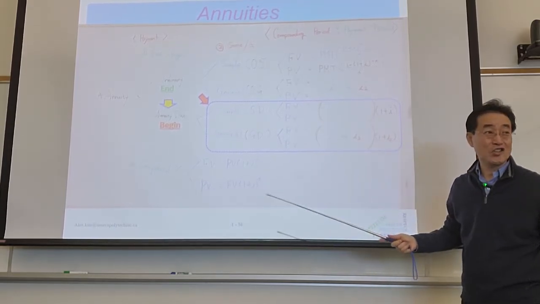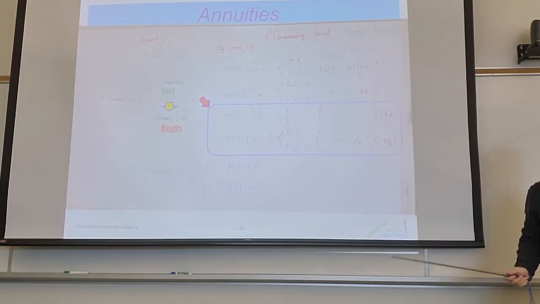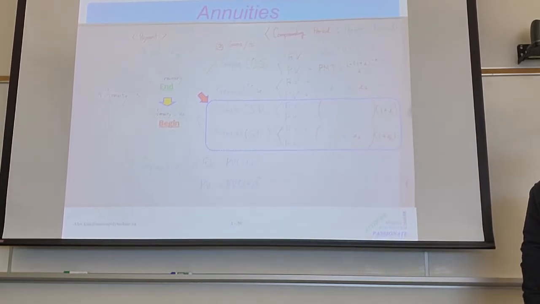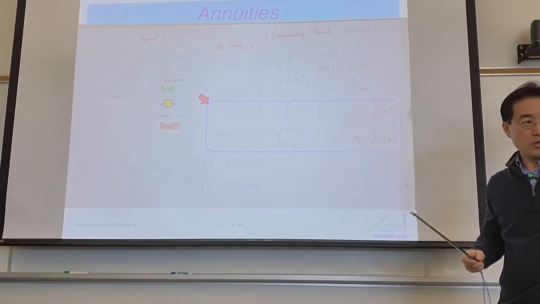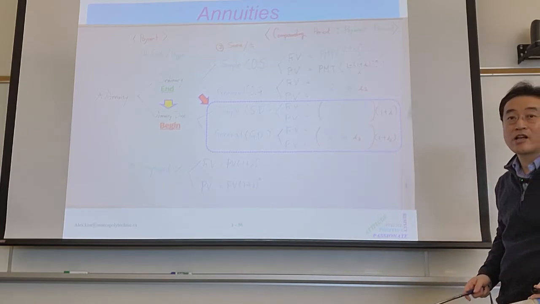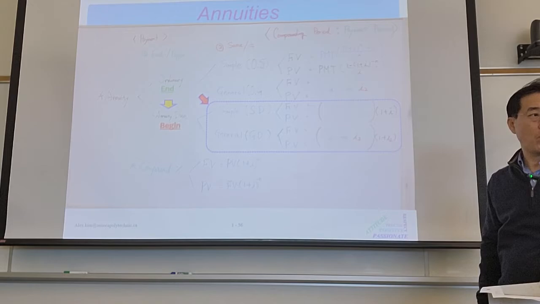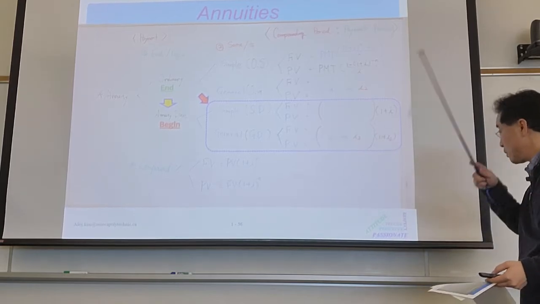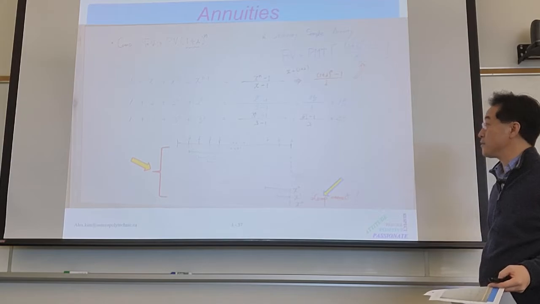If it's due, we shift one month earlier, so we need to put the interest factor at the end of this formula. Once you have this, you don't need to worry about anything. If you know how to calculate I or I2 and the total number of payments, we need to be careful if it's mixed.